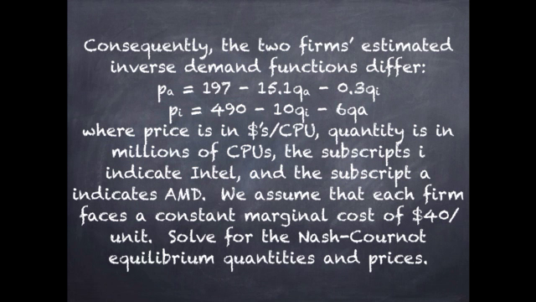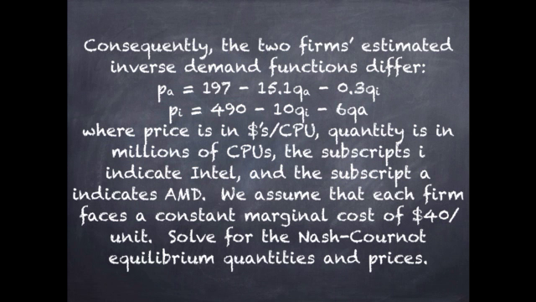Both because the products differ physically and because Intel's Intel Inside advertising campaign has convinced some consumers of its superiority, consumers view the CPUs as imperfect substitutes. Consequently, the two firms' estimated inverse demand functions differ.